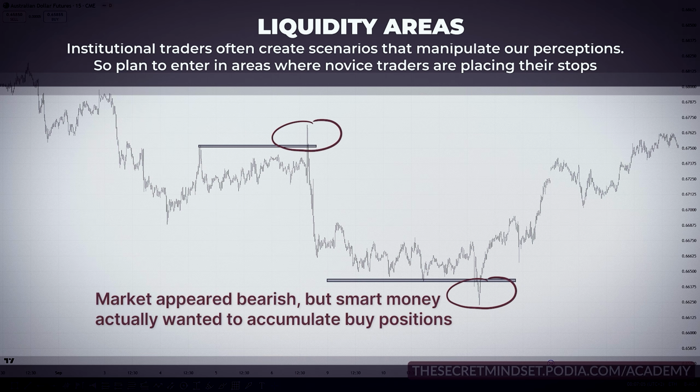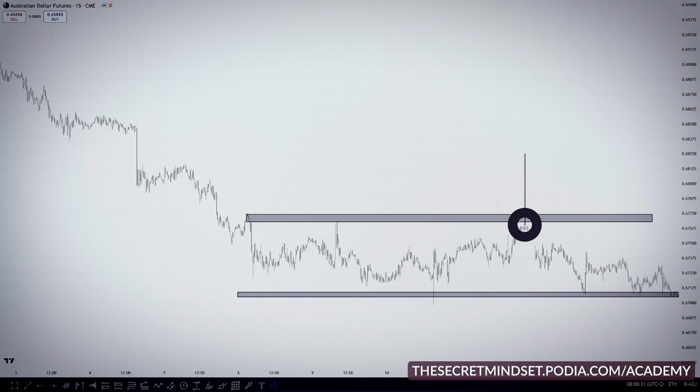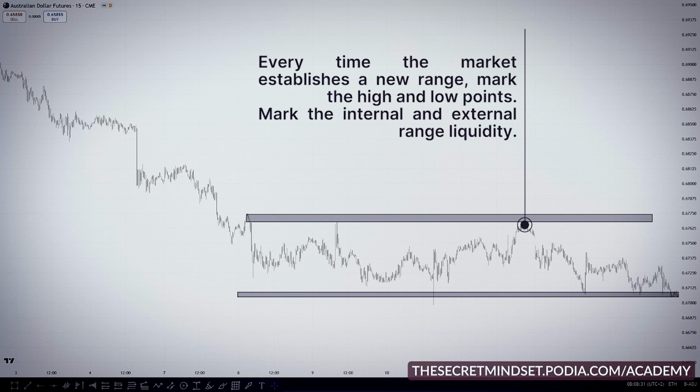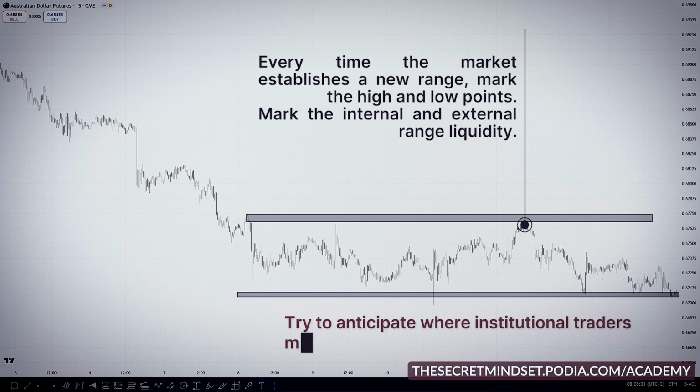This means identifying paths with minimal obstacles to profitability. Every time the market establishes a new range, mark the high and low points. Mark the internal and external range liquidity. It's about thinking several steps ahead, anticipating where institutional traders might want to generate order flow.